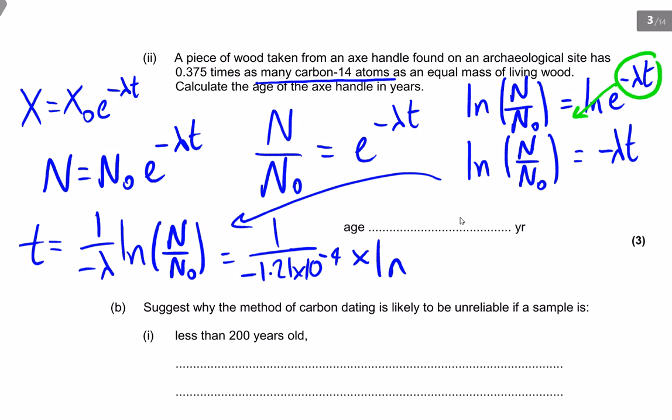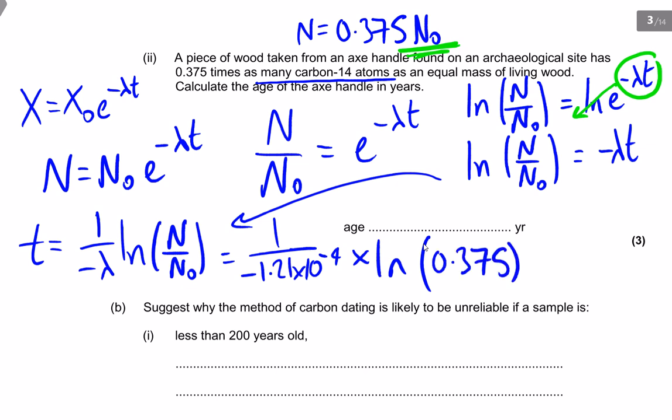If it was 0.375 times the original amount, then N is equal to 0.375 N naught, so the N naught would cancel in both cases. So we can just write in log of N over N naught is 0.375.